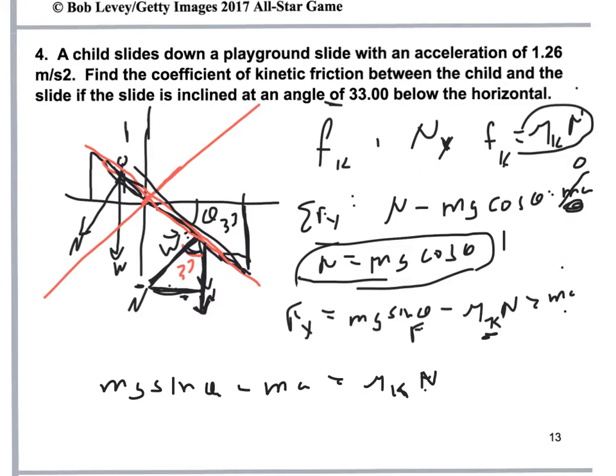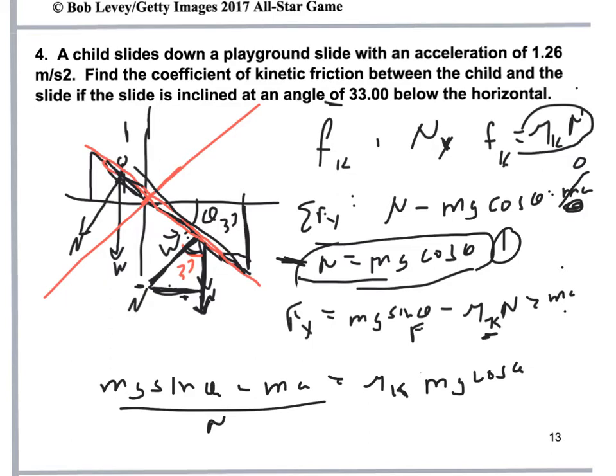So we'll be able to solve now by putting equation 1 in for the value of N. So I'm going to erase N over here, and then I'm going to put in the value. So it's mg cosine theta.